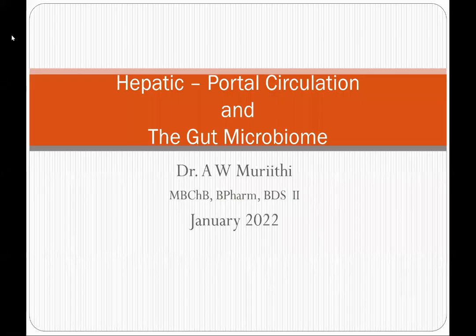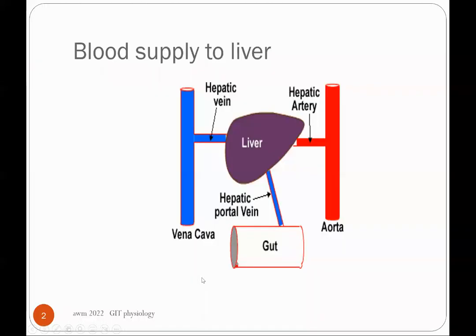So let's move on now and talk about the hepatic portal circulation, and also just one or two things about the gut microbiome, which is what people are really interested in. This is the interest right now, and they've realized that the gut microbiome affects the human being so much more than what they thought. So most of this you need to go and revise in your anatomy.